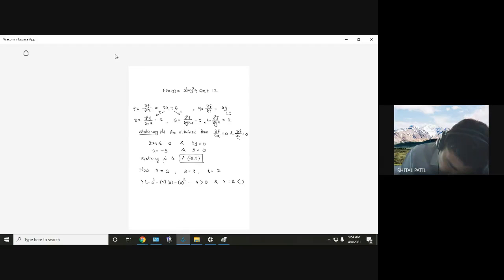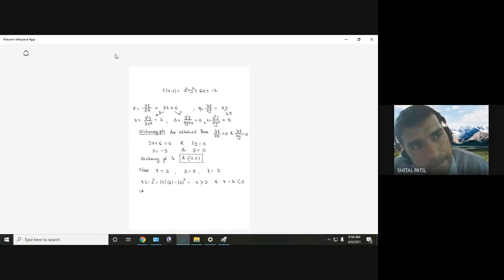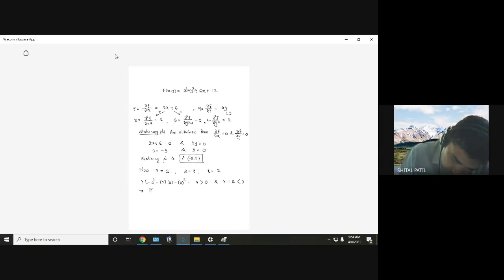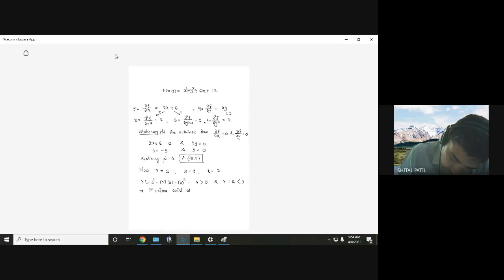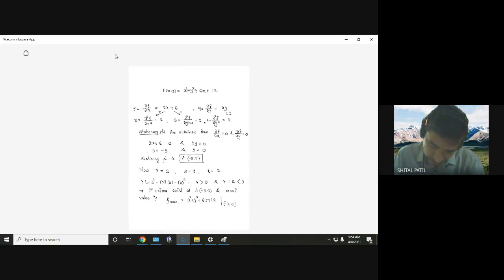So what exists? Minima or maxima? Yes. Maxima exists at minus 3, 0 and maximum value is at minus 3, 0. y is 0, x is minus 3.